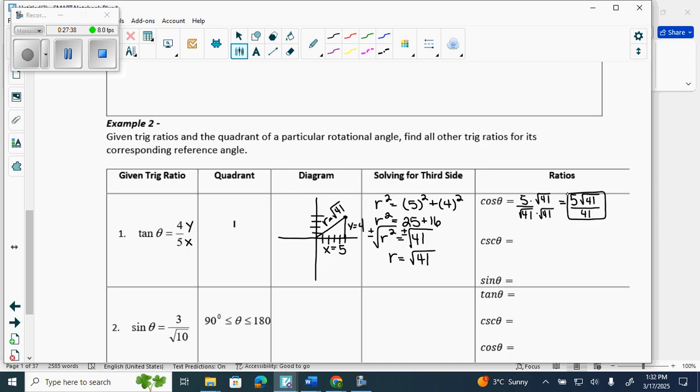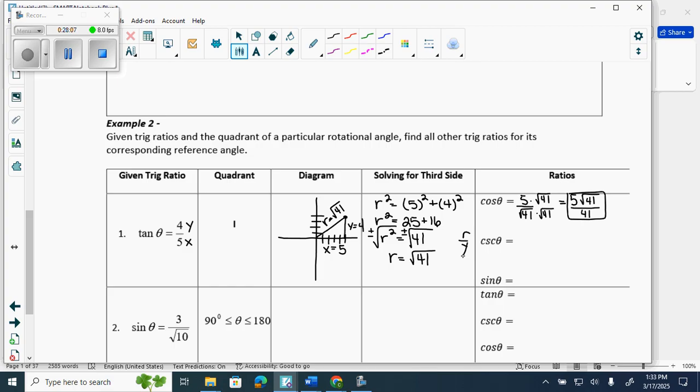Cosecant is friends with what? Look on your formula sheet if you don't remember. Cosecant is friends with 1 over what? 1 over sine, correct? So cosecant is sine flipped. What's the acronym for sine? Sine your resume. So this one is going to be resume your, correct? And like I said, if you don't remember, on the formula sheet it says 1 over sine.